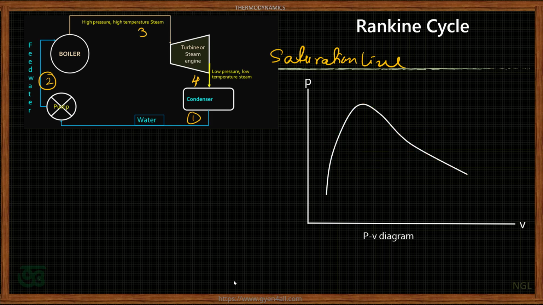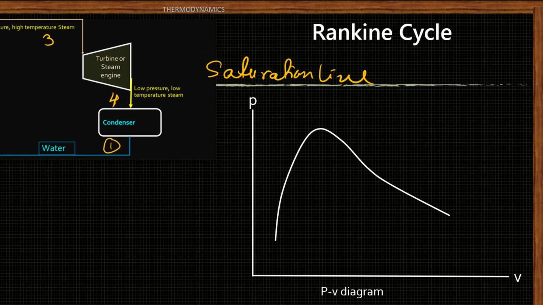Now process 1-2 is the pumping process. Point 1 is at low pressure and low temperature, and this low pressure, low temperature water coming out is pumped to the boiler, and because of the pumping, the pressure increases from point 1 to 2.